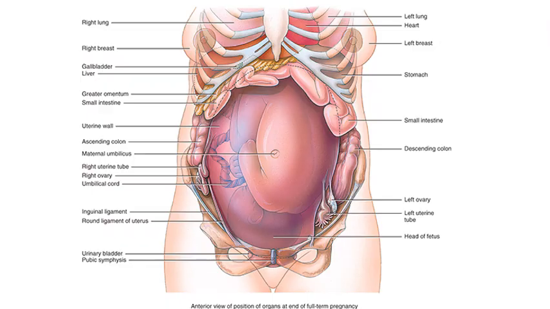Towards the end of a full-term pregnancy, the uterus fills nearly the entire abdominal cavity, reaching above the costal margin nearly to the xiphoid process of the sternum, and it pushes the maternal intestines, liver, and stomach superiorly, and it elevates the diaphragm and widens the thoracic cavity. Pressure on the stomach can cause some issues and may even force the stomach contents superiorly into the esophagus, which is why a lot of pregnant women have heartburn, for instance.